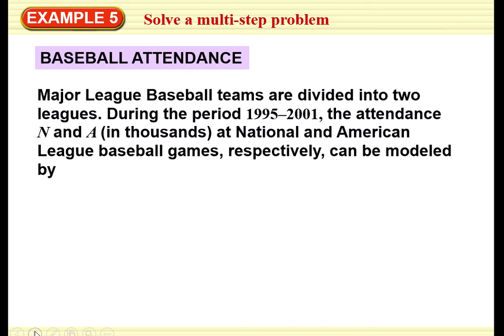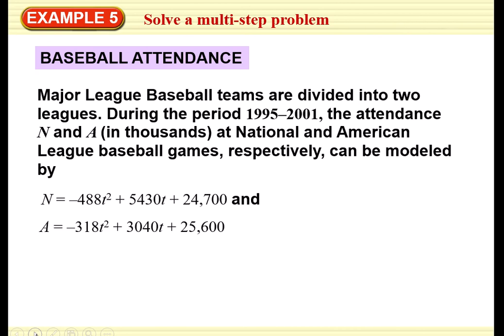During the period between 1995 and 2001, the attendance N and A in thousands at National and American League baseball games, respectively, can be modeled by N equals this polynomial, negative 488t squared plus 5,430t plus 24,700, and A equals negative 318t squared plus 3,040t plus 25,600.